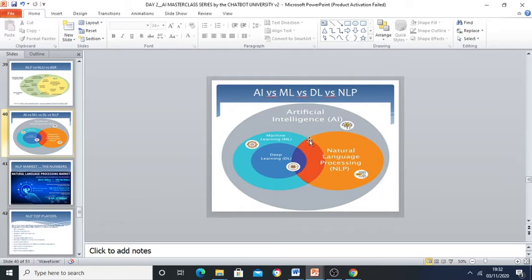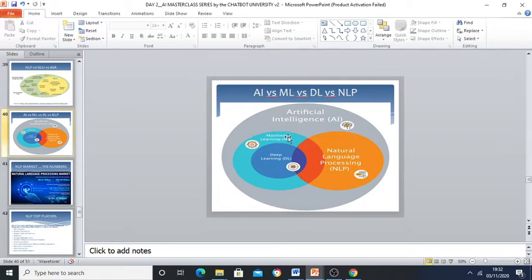All of this, machine learning, deep learning, natural language processing, are all different types of applications of artificial intelligence. But we can also see with this Venn diagram that there's a relationship. This is called a Venn diagram. You know, when two diagrams touch together, then it's called a Venn diagram.